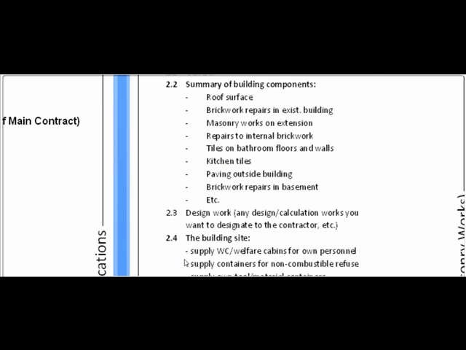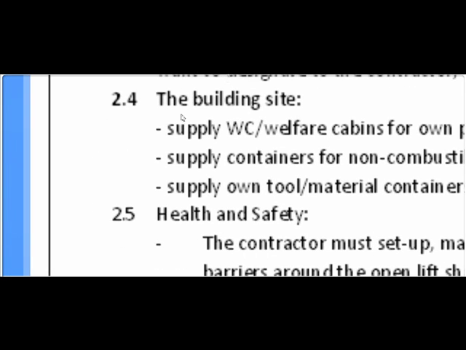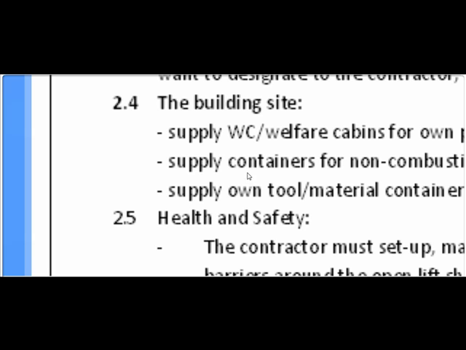Then we have to price any design work that the contractor has to do. Then we have to price any building site work the contractor has to do. By that I mean things he has to supply to the building site, like cabins, containers, skips for refuse, anything else that he has to produce for the building site, any safety things he has to do on the building site.